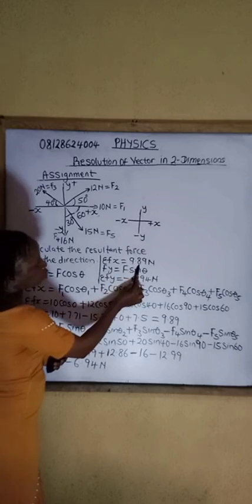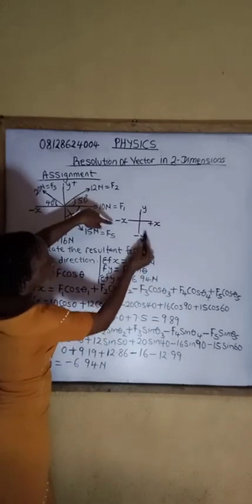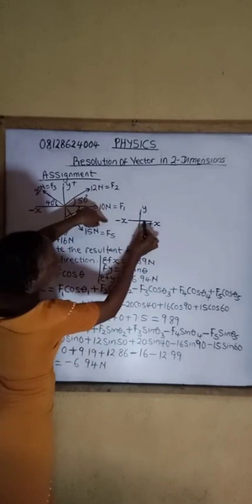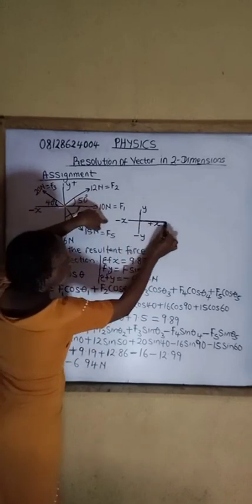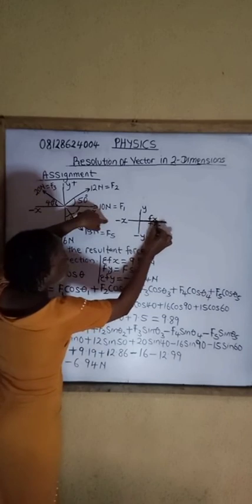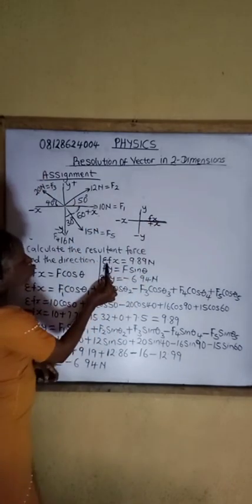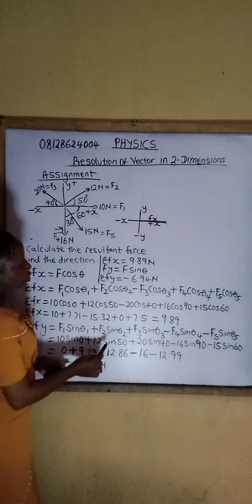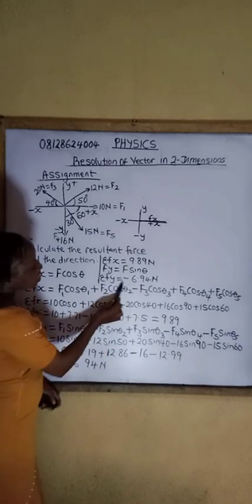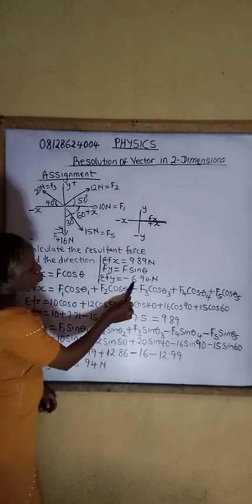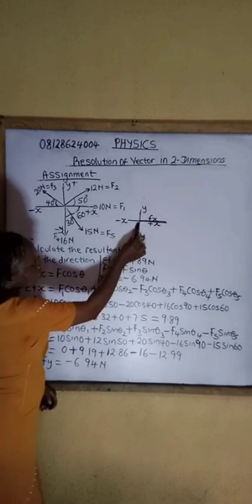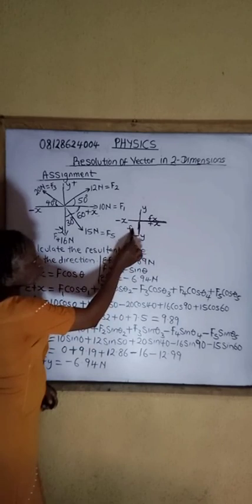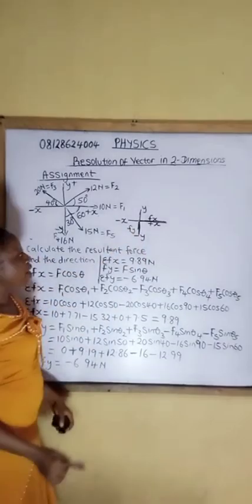It shows that our fx is this line, because the value of summation fx equal to 9.9, which is positive. Then fy is negative. Then this is negative y-axis. This is our fy.